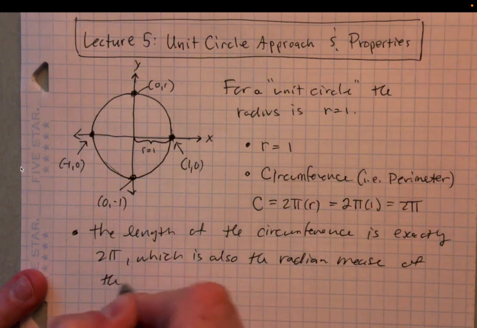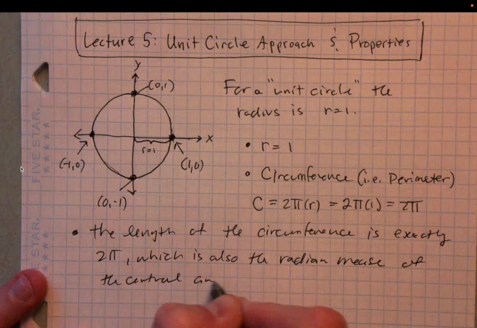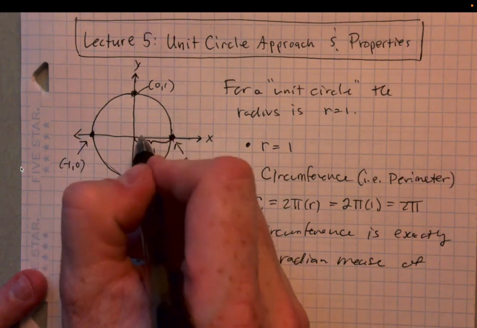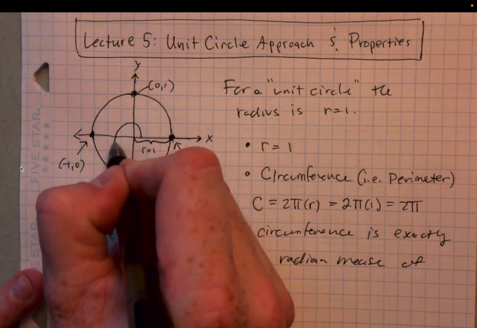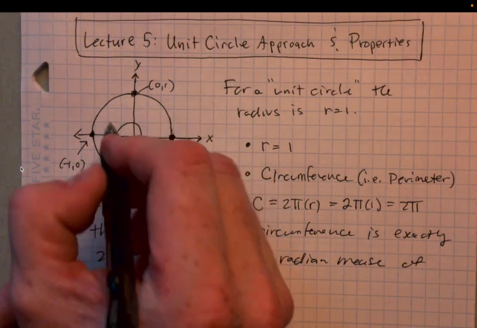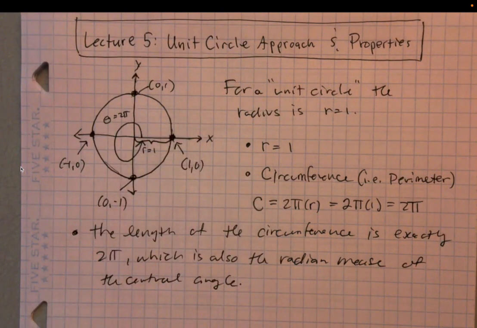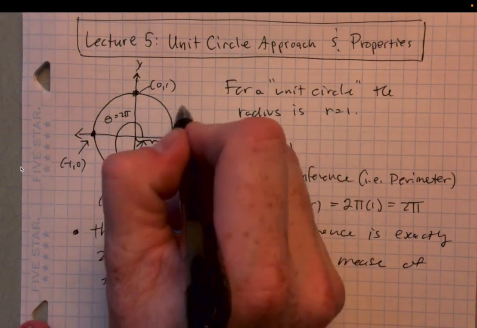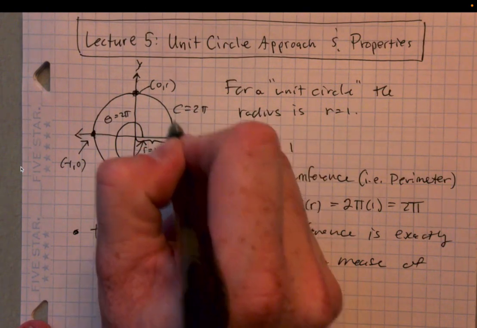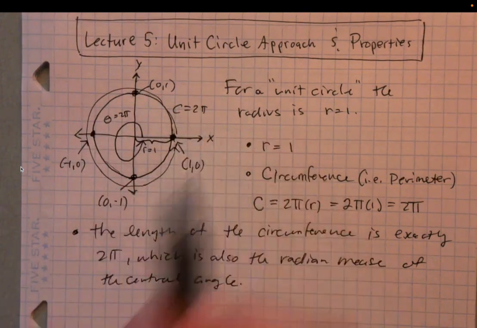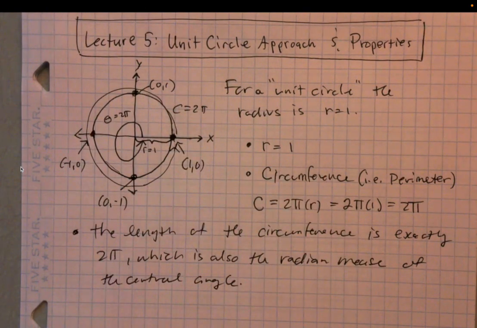Right, so if I have an angle here, if I go all the way around the circle, theta is equal to 2 pi. We know that from our discussion of radian measure. Now it's also the case that the circumference is equal to 2 pi, so the distance around the outside is 2 pi as well. Right, and that's going to come in very handy.